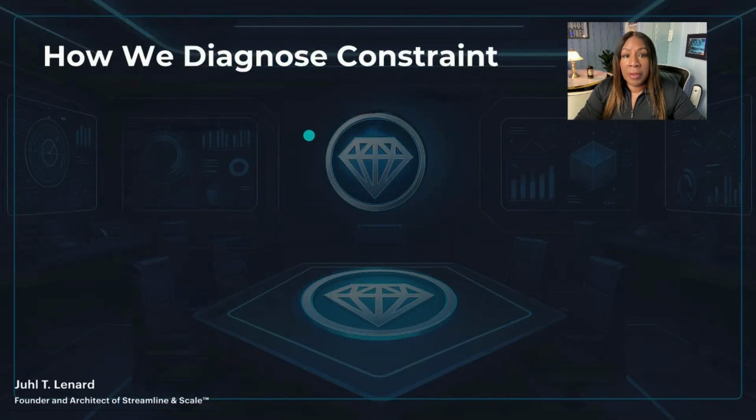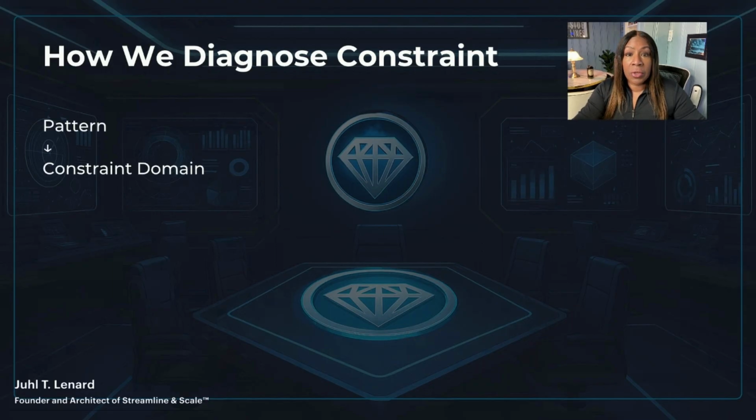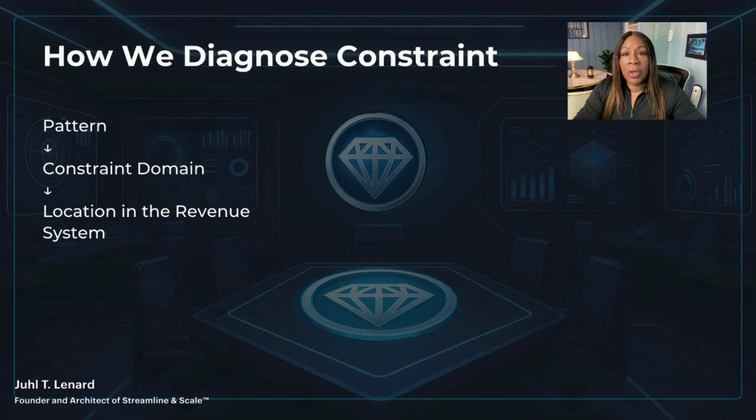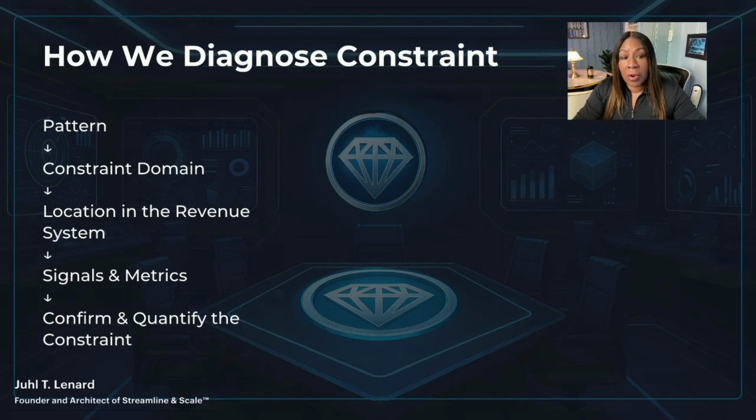The way that we diagnose the constraint is, first we look at the pattern, then based on the pattern we identify the constraint domain where the work is located. We locate that work in the revenue system, and then we look at the signals and metrics to confirm our diagnosis of that constraint.